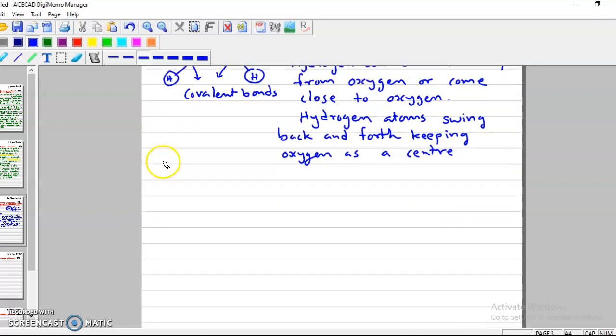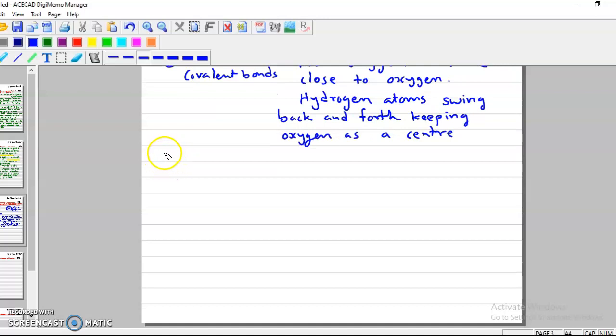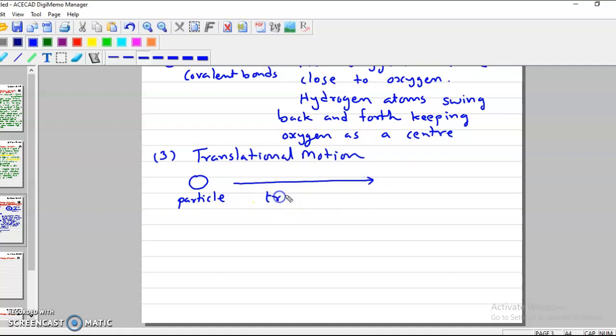And the third one is basically translational motion, in which a particle travels in a certain direction and reaches another place after some time.